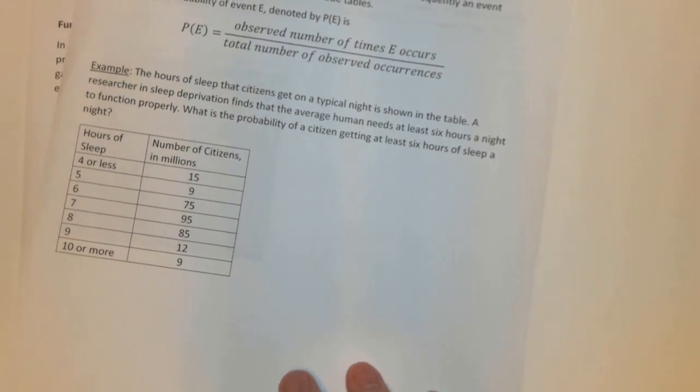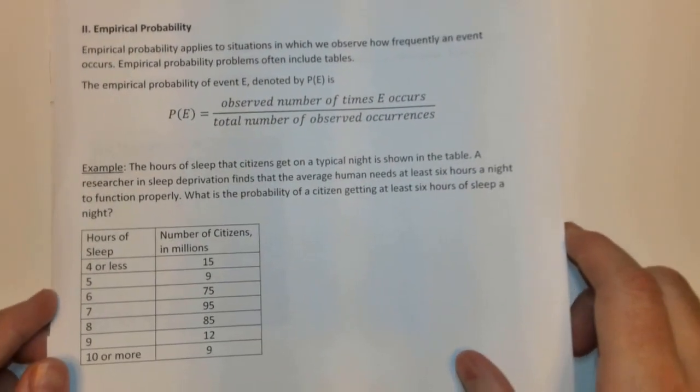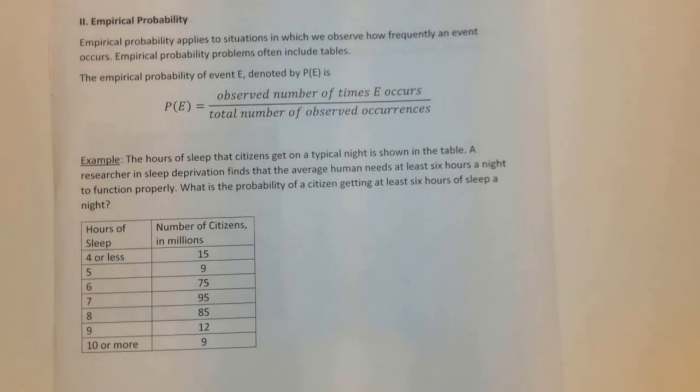All right, so that's enough theoretical probability. Let's talk about an empirical probability example. Empirical probability applies to situations in which we observe how frequently an event occurs.